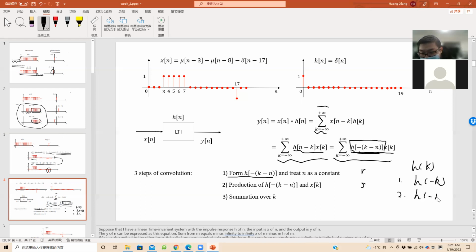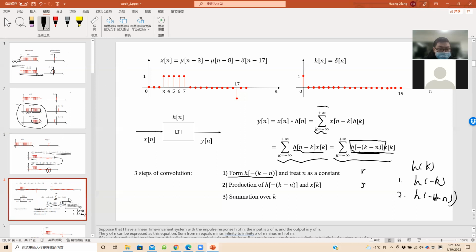So it becomes this way. This is how we generate the h of minus k minus n.